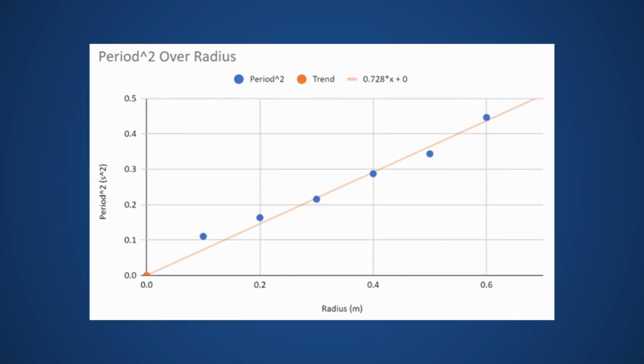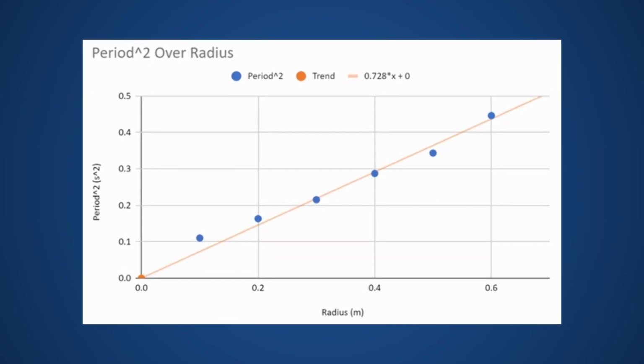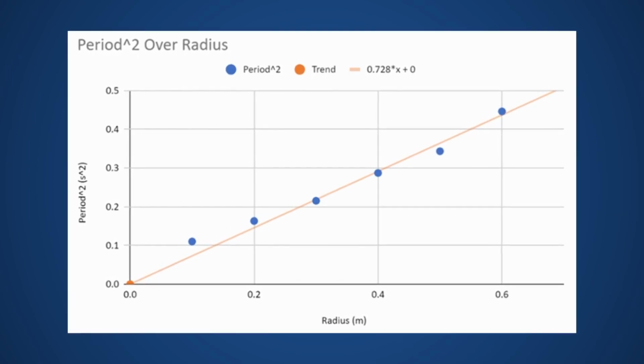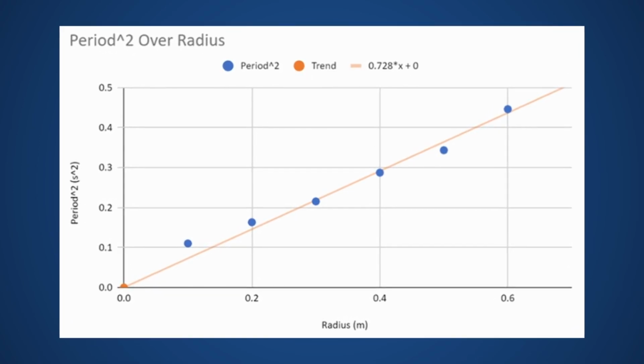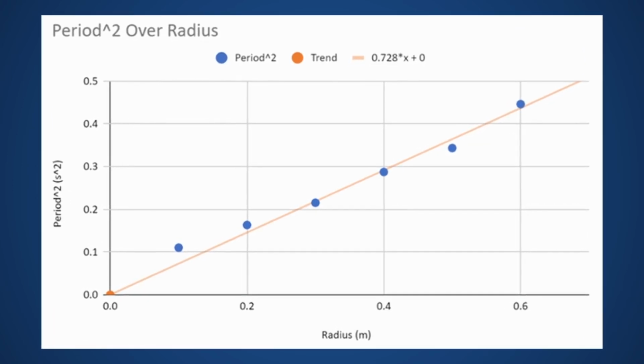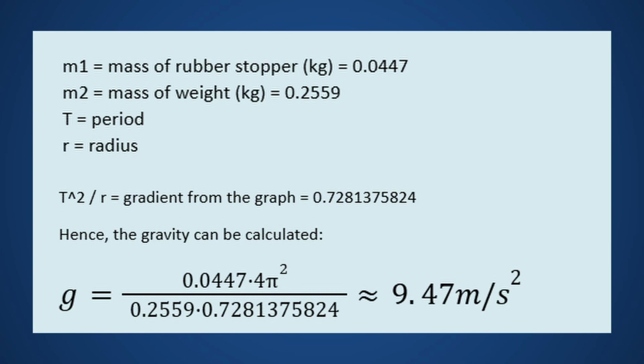Then, as mentioned before, a scatter graph will be plotted with the y-axis consisting of period squared, T squared, the dependent variable, and the x-axis consisting of the radius in meters, the independent variable. The resulting gradient is 0.7281, which is the value of T squared over r that will be substituted into the equation explained in the theory to obtain a value for gravity.